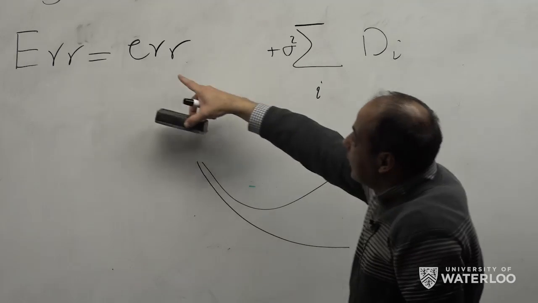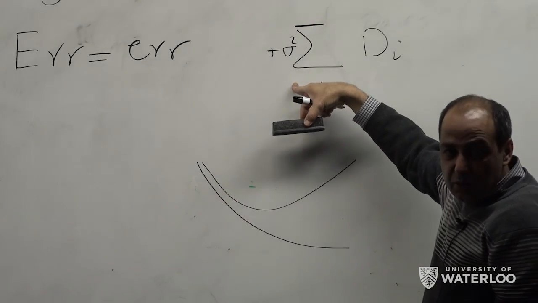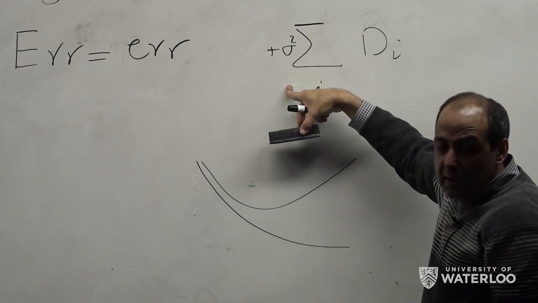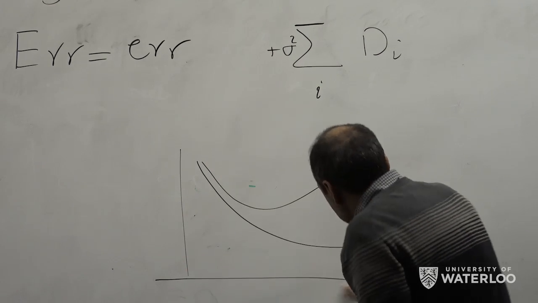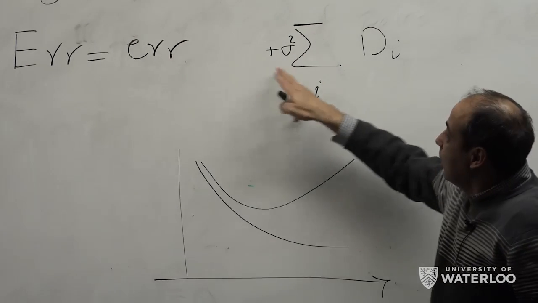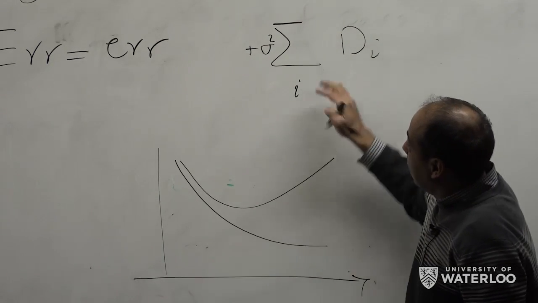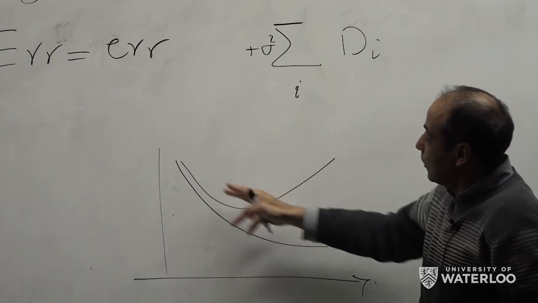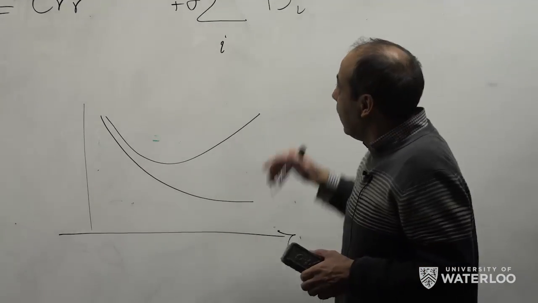You can see that this is the empirical error, which goes down, plus a term which has to do with the complexity of the model. When complexity gets larger and larger, this value goes down and down, but this value goes up. At some point it becomes dominant, so it makes the whole curve go up.